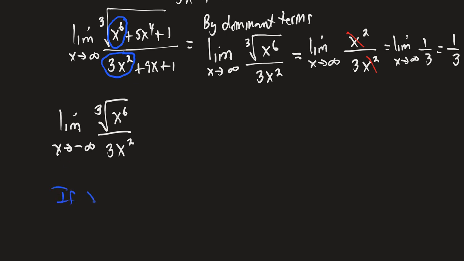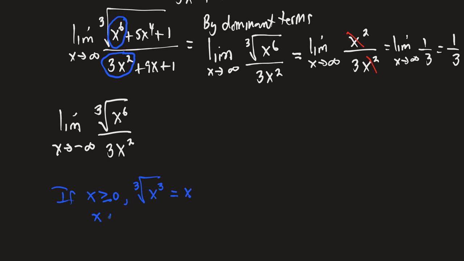If your x is greater than or equal to 0, the cube root of x cubed will be x. So this is the basic one where the root completely cancels out.